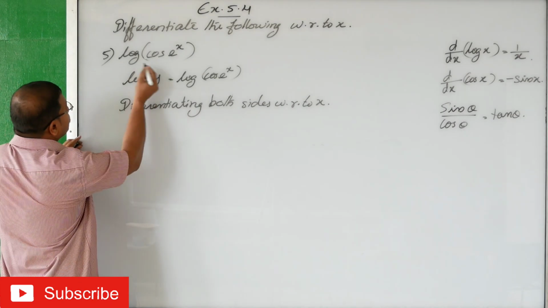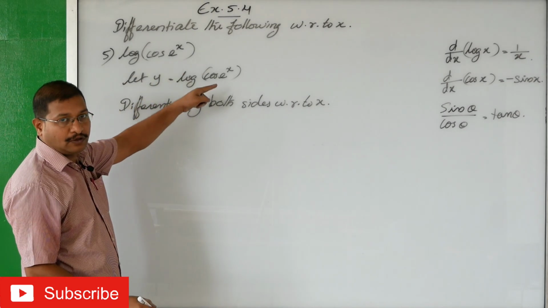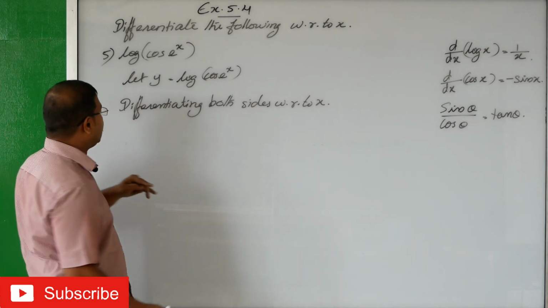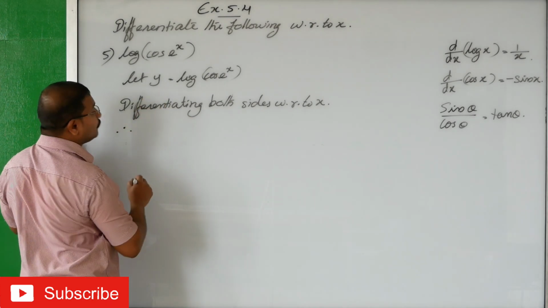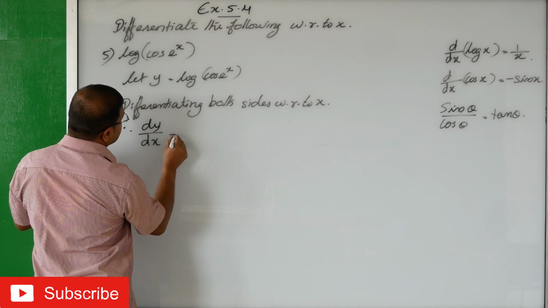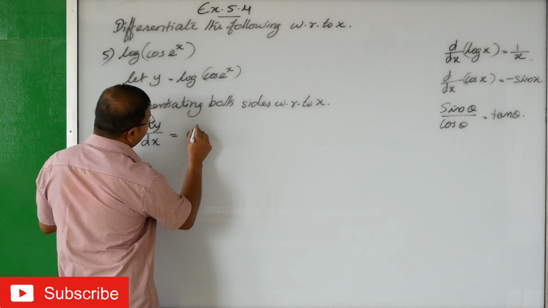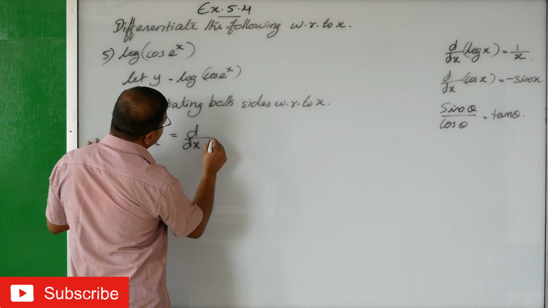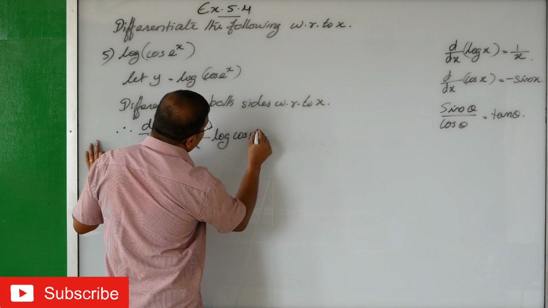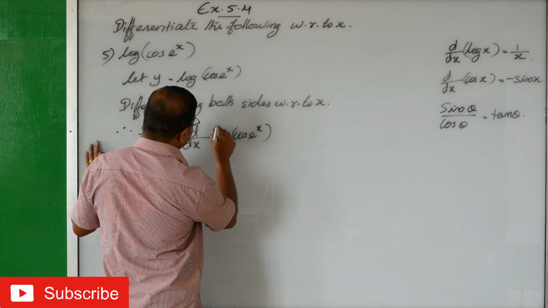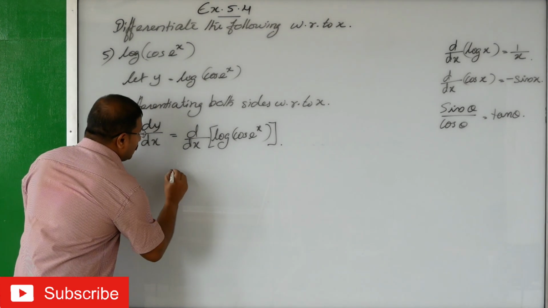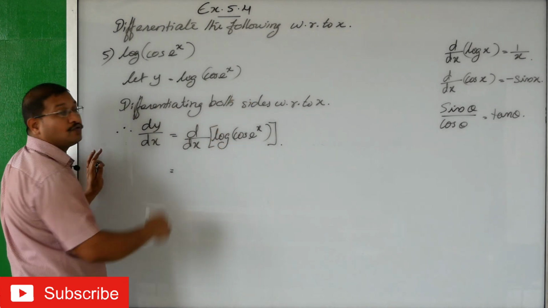First we wrote let y equals log of this one. After that, differentiating both sides with respect to x. Therefore, dy by dx equals derivative of log cos e raised to x. Ready? This equals, derivative of log x is what? 1 by x.